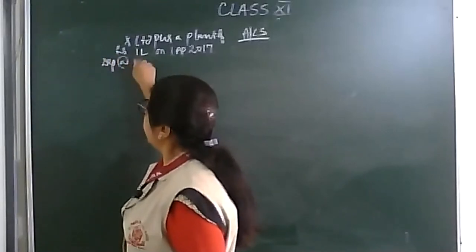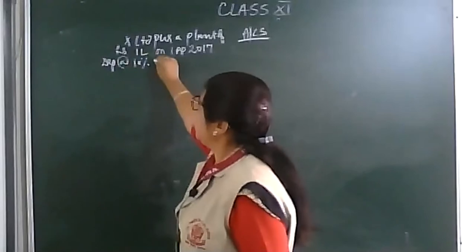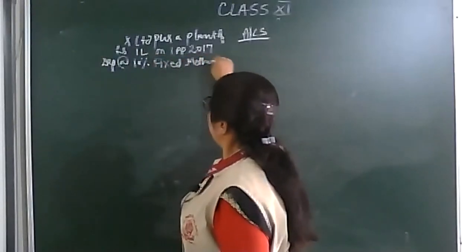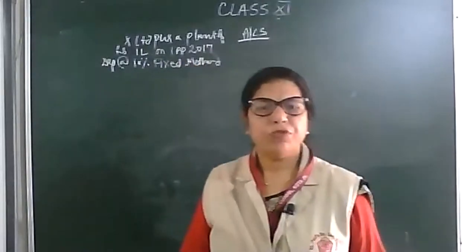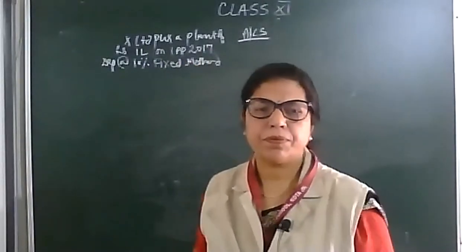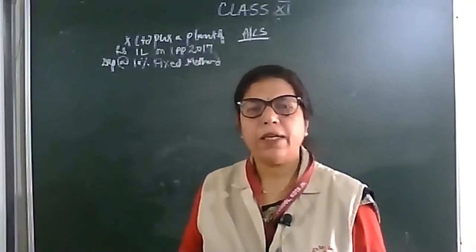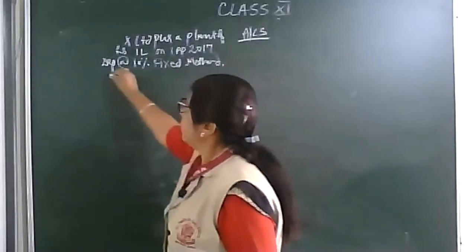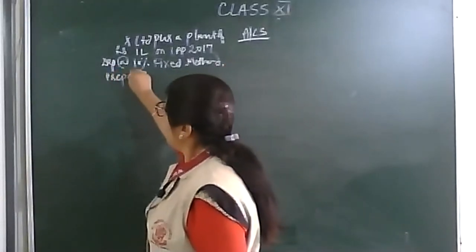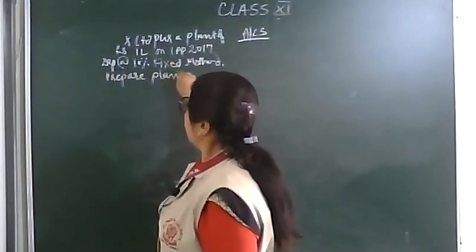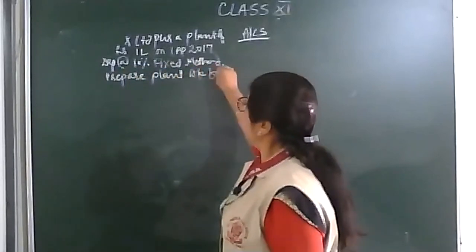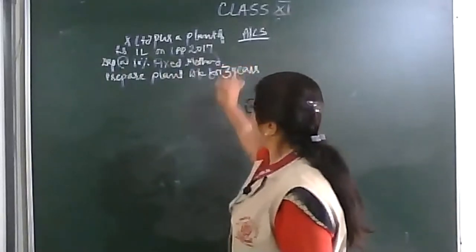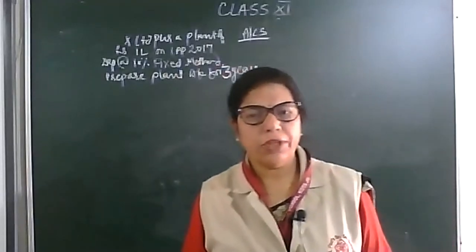Depreciation at the rate of 10%, fixed method. Prepare plant account for 3 years.